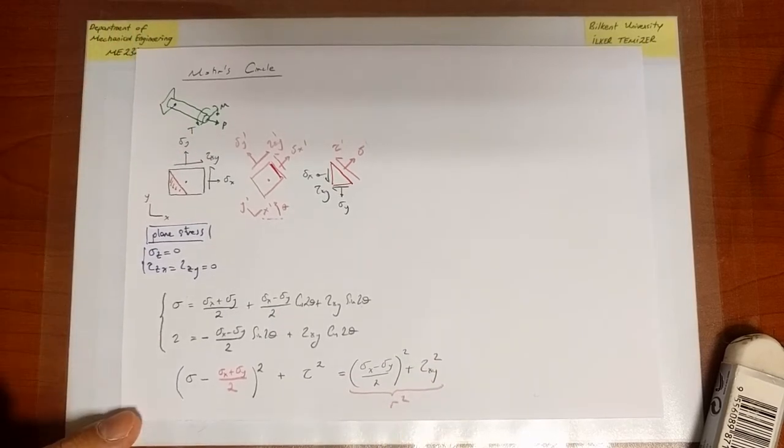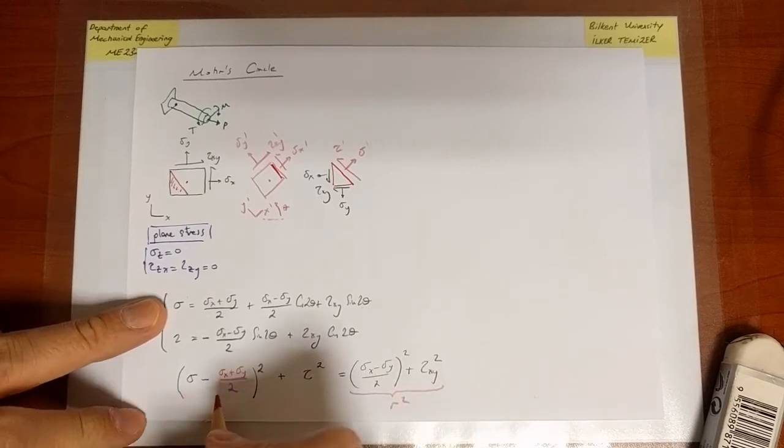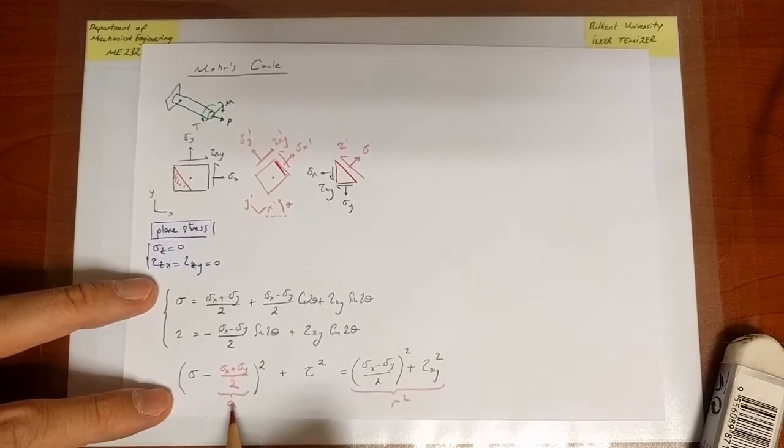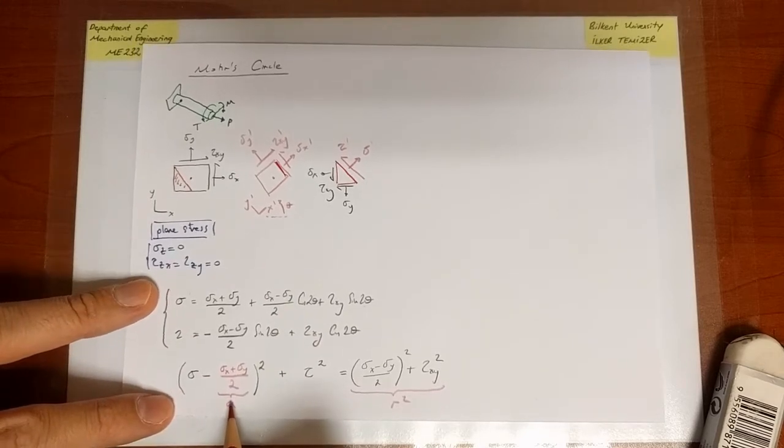So it's like radius squared. Radius of what? Radius of a circle, because now this becomes the equation of a circle. X minus a, let's call this a, the center of the circle. The center of the circle is at x equals a, y equals 0, because this is like tau minus 0 squared. Tau is like y, so it's the equation of a circle.